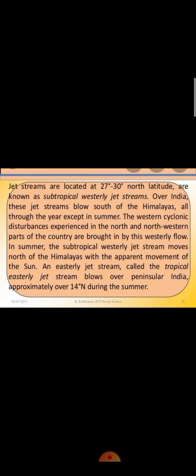So during the summer season, northern hemisphere is close to the sun, directly facing toward the sun, and in winter it is very far away from the sun.